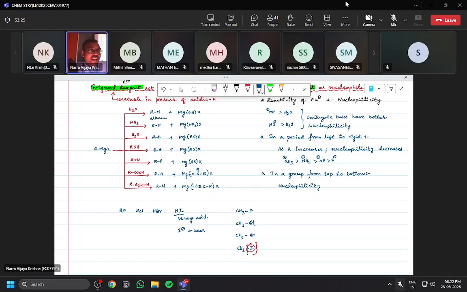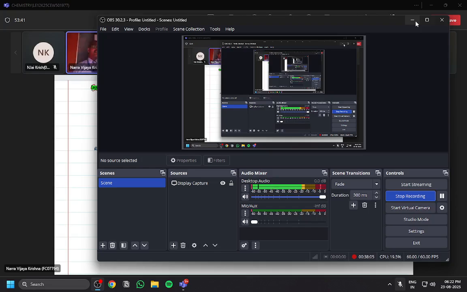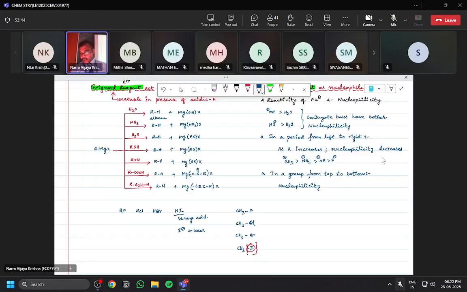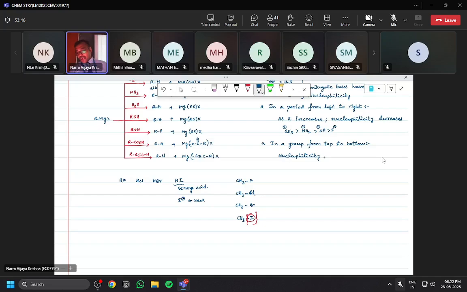Correct? HI is a strong acid, therefore I minus is a weak base. If I minus is a weak base, I minus is a weak nucleophile. I minus is willing to leave, meaning its ability to attack is less. Correct or not? So nucleophilicity decreases with atomic number, with atomic weight.